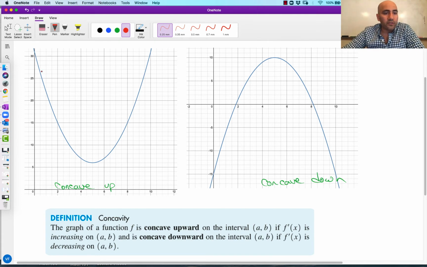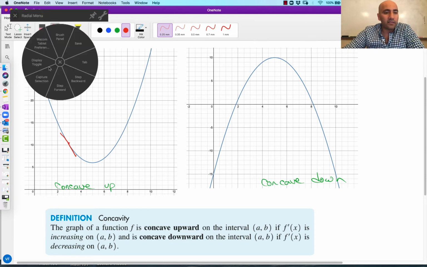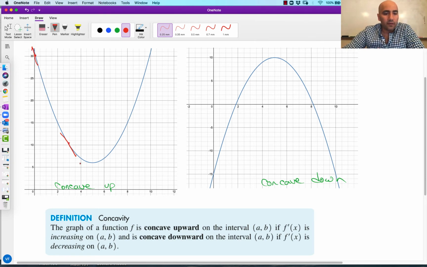So if we notice the tangent lines to this concave up situation, we have tangent lines there, there, over here, over here, and over here. And then we think about the slopes of all those tangent lines. Well, that's the same thing as thinking about the first derivative.